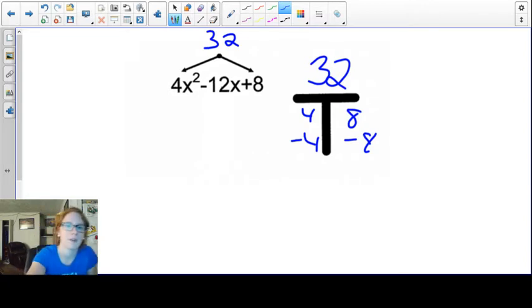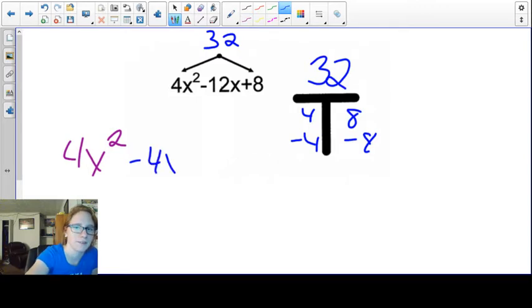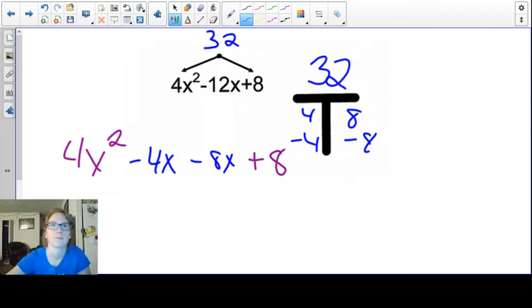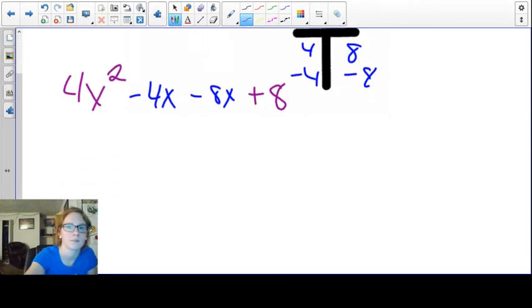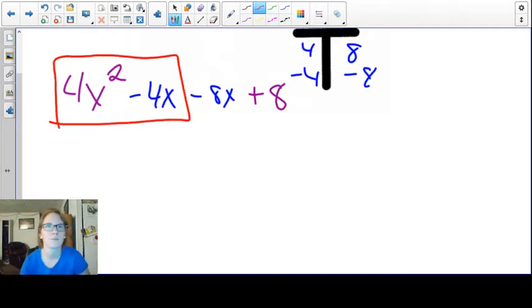Okay, so I have 4x squared minus 4x minus 8x plus 8. What divides out of these 2? 4x, good.